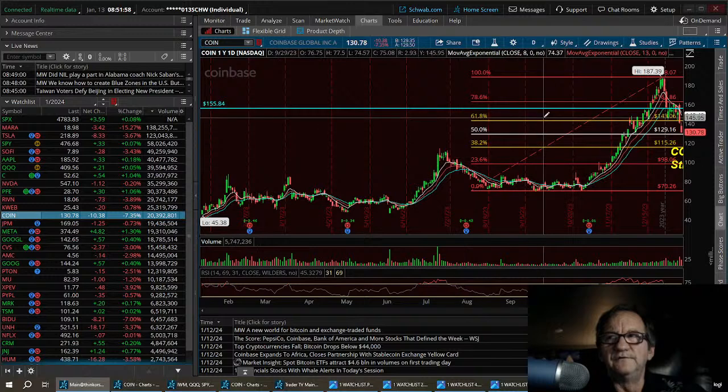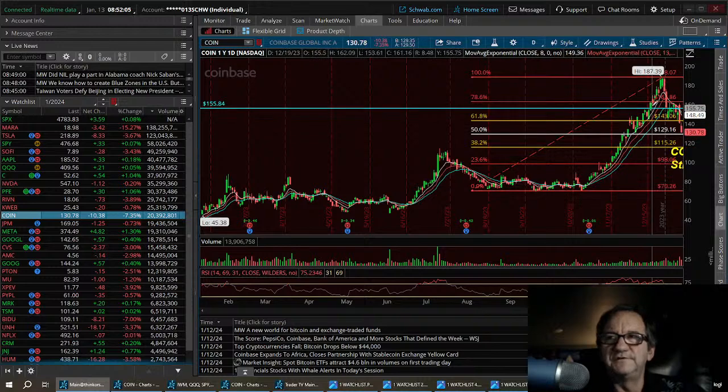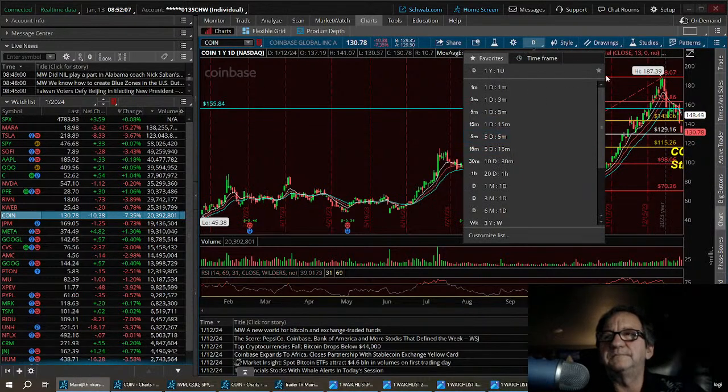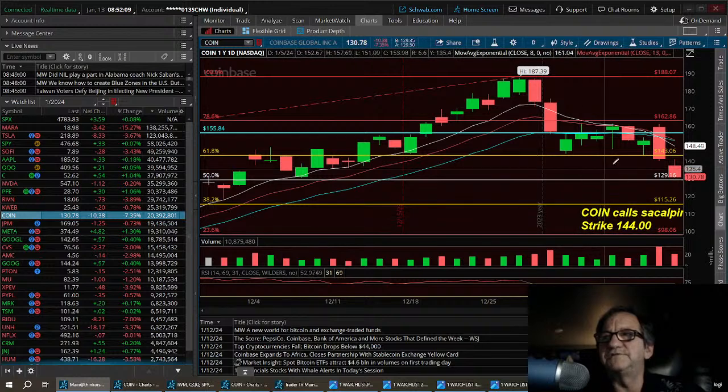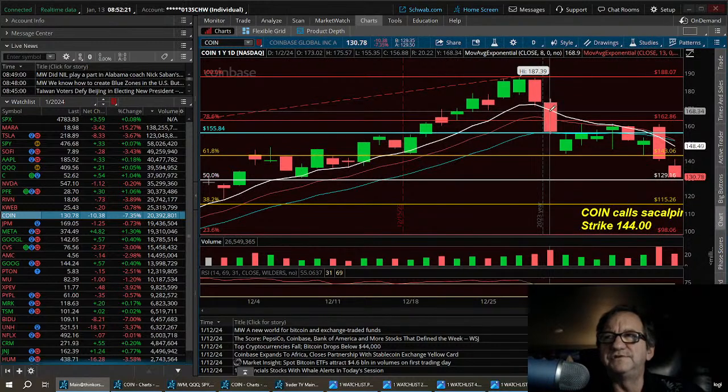So I knew that we could have tonight. When I come in here Tuesday, I might be trading this stock. Now, if you look at the candlesticks, we had two engulfing candles all the way from 162 all the way to 130, which is a $32 sell-off in 2 days. That's a huge, huge dip.